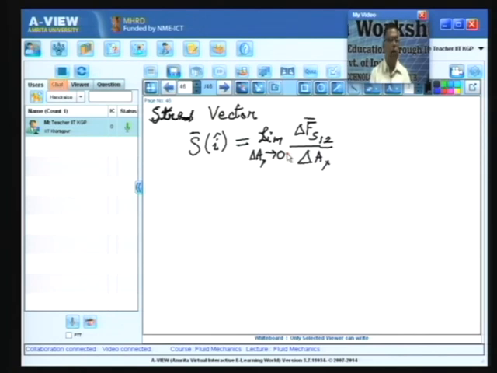Now, we have considered a two dimensional situation. So, this force has two components, and we can write it as delta F S x i, and we are dividing it by delta A x.